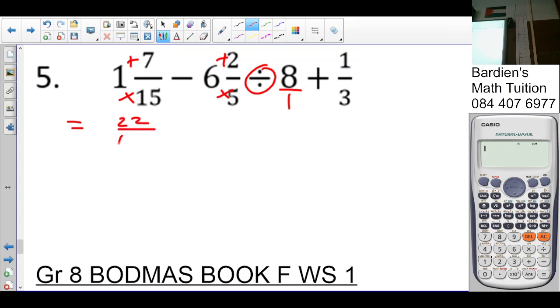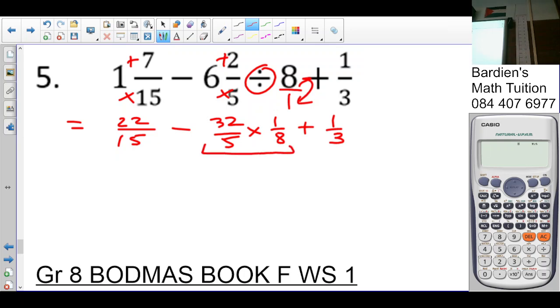Is that correct? Over 15 minus 32 over 5 multiplied by, tumble and times, 1 over 8 plus 1 over 3. Multiplication needs to be sorted out first. 8 goes into 8 once, 8 goes into 32 4 times. So it's 22 over 15 minus 4 over 5 plus 1 over 3.